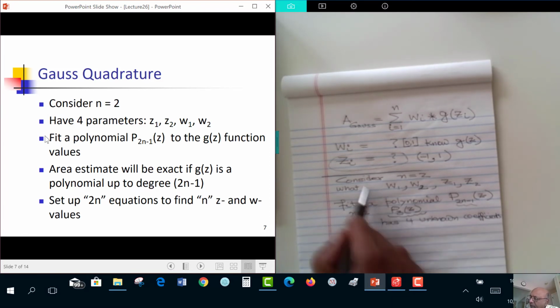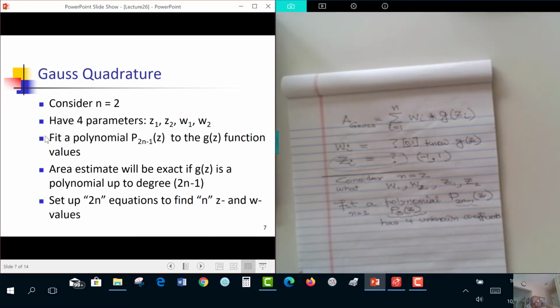So since we have 4 parameters, that's why we are fitting a third degree polynomial. And it'll turn out that our area estimate would be exact if g(z) is a polynomial of up to that degree. So if we fit 2 points, a third degree polynomial, if g(z) is either first degree, second degree, or up to third degree, our area estimate would be exact.